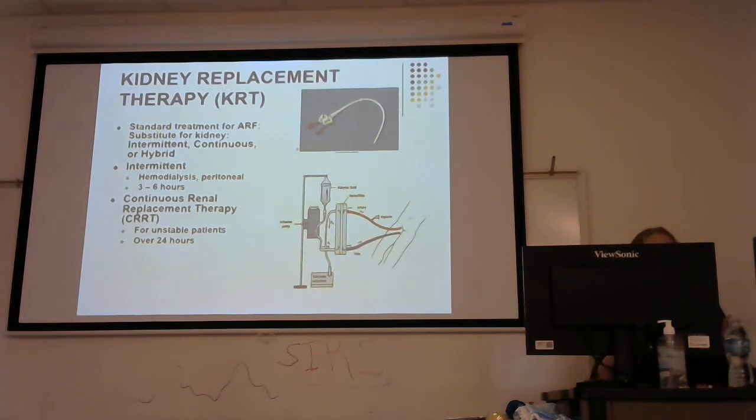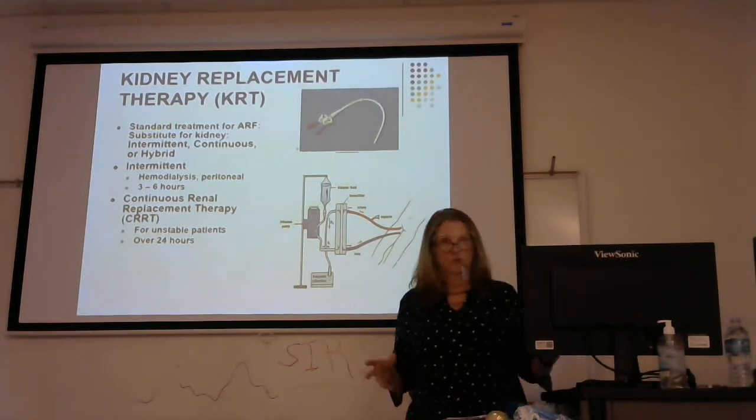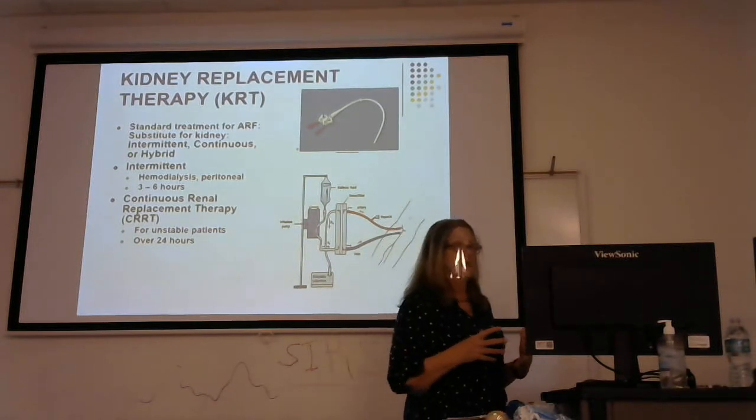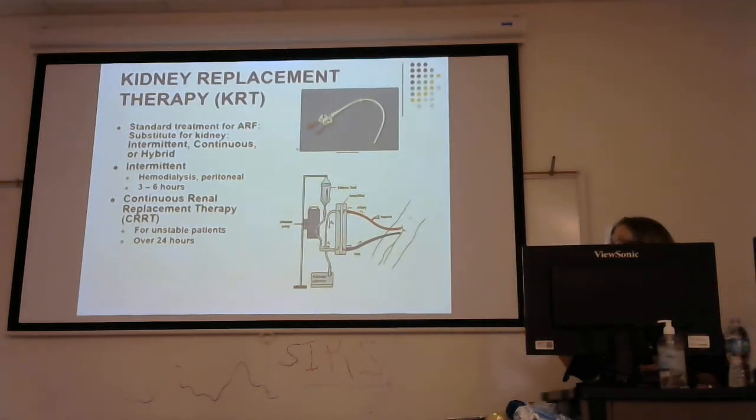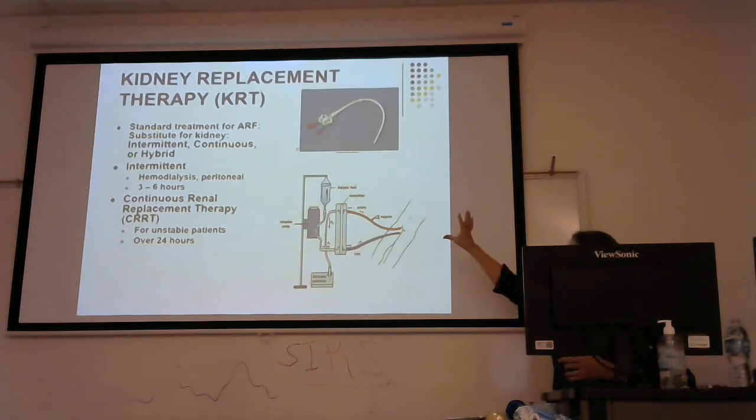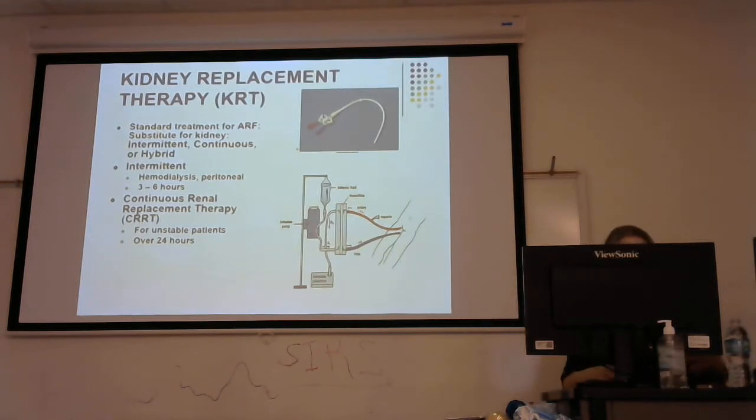Their potassium is over 6.5. Their pH is 7.2. I mean, they are acidotic. Then we're going to put them on some type of kidney replacement therapy, because we need to get something in there acting like a kidney. Theirs is not working now.